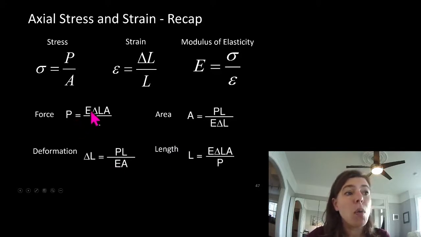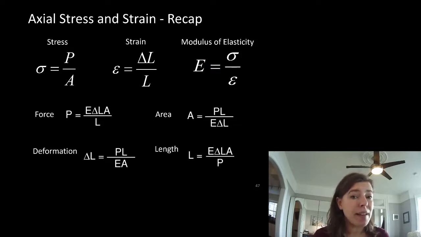So force equals E delta times A divided by L. We can rearrange that for area, we can rearrange that for deformation, we can rearrange that for length. All based on our stress, our strain, and our modulus of elasticity. So with all of that, we now have the ability to figure out the capacity and the deformation of elements, which is really what we need to do.